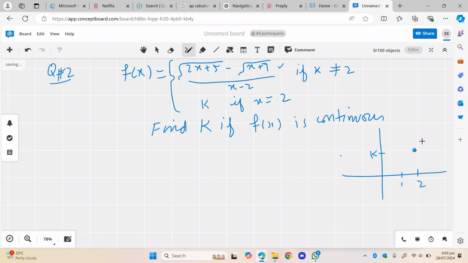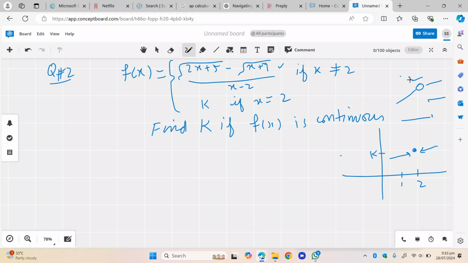For a continuous function, whether you approach from this side or this side, the result has to be like this. It will not be either like this or like this.